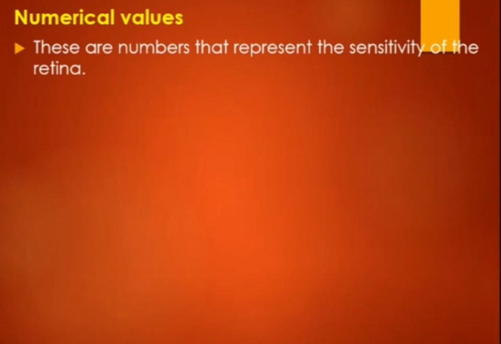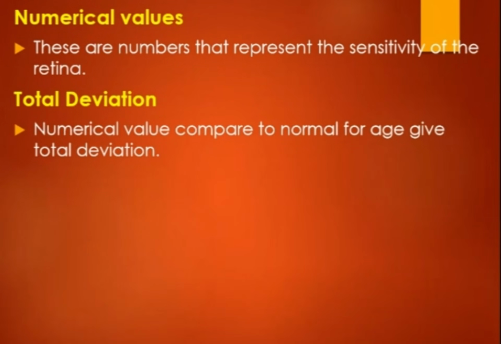So we've talked about the numerical values. Some authors will call it the sensitivity plot. These are the numbers that represent the sensitivity of the retina for each patient. Then the total deviation compares those values to the values of people within a particular age bracket.